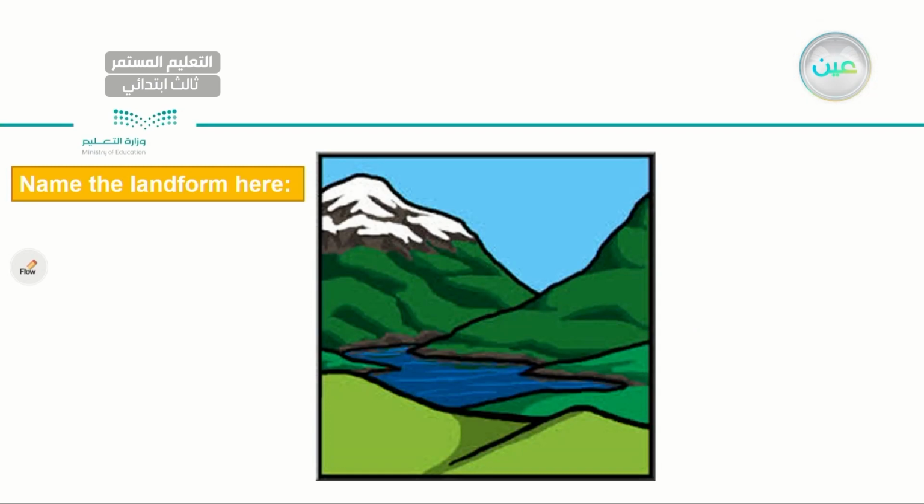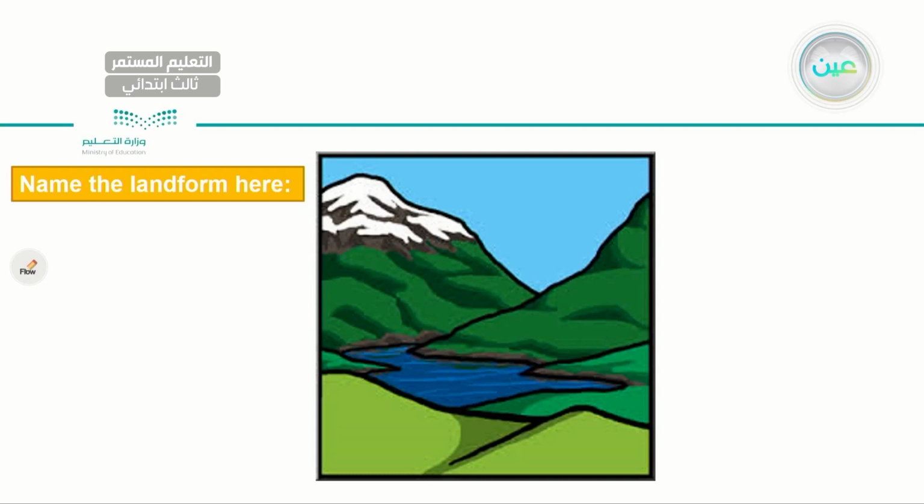Now, look at this one. It doesn't have any names, right? Here I have a picture with actually not less than 4 different landforms or geographical features. Name the landforms here. Try to name some of the landforms that you can see in the picture.